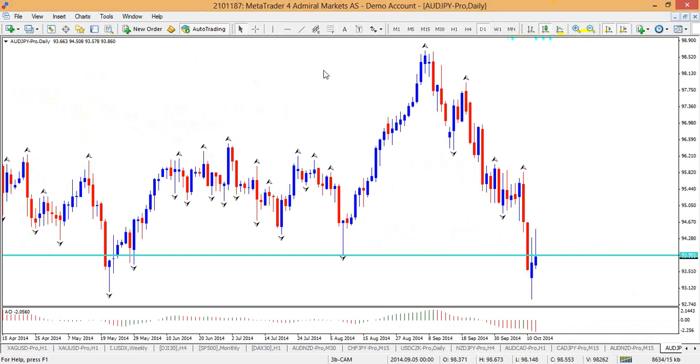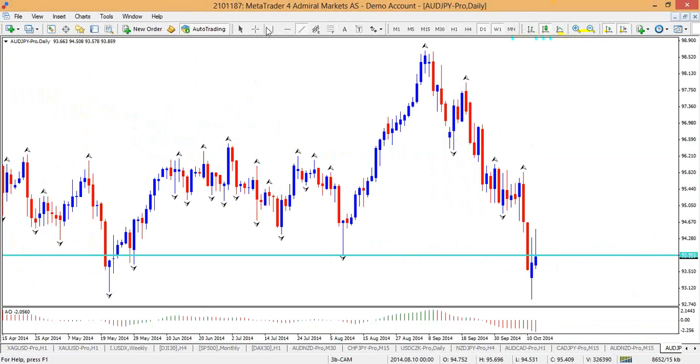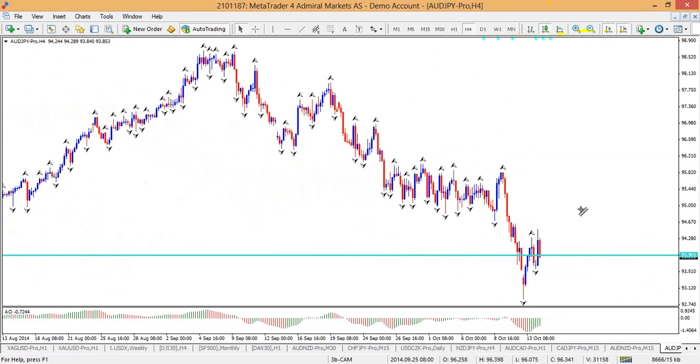In fact, we broke the low here. It's quite funny. The weekly low, bearish candles, downtrend on the daily. On the four-hour chart, you can put a downtrend channel connecting multiple tops like this.